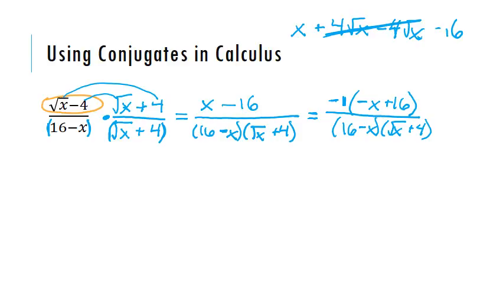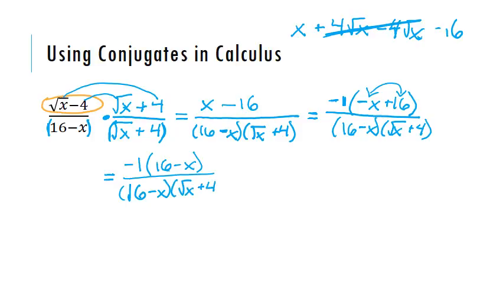This is what I like to call creative algebra. We've got that negative 1 on top, and if we change the order, which we can by the commutative property, then we have 16 minus x on top. Aha! And we also have 16 minus x on the bottom. Aha!